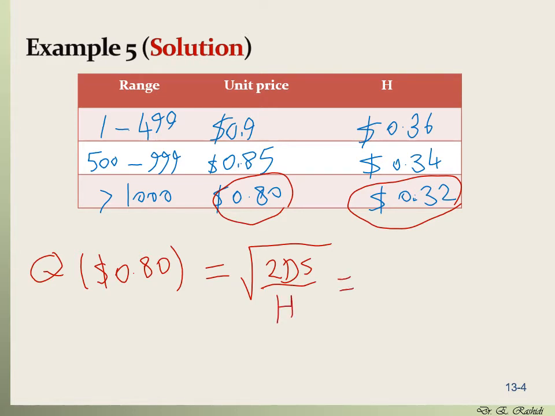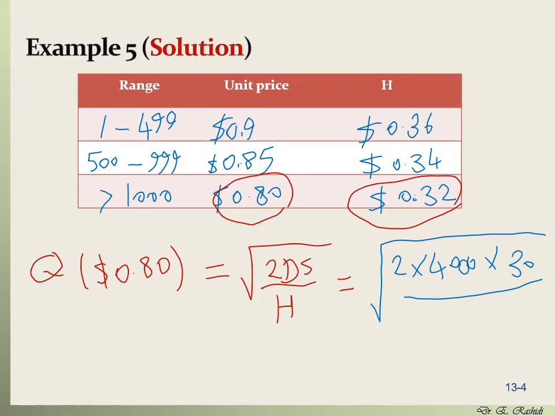Now if we plug in the numbers, that's 2 multiplied by 4,000, which is the demand for 1 year, multiplied by S, which is $30, divided by H, which is 32 cents.